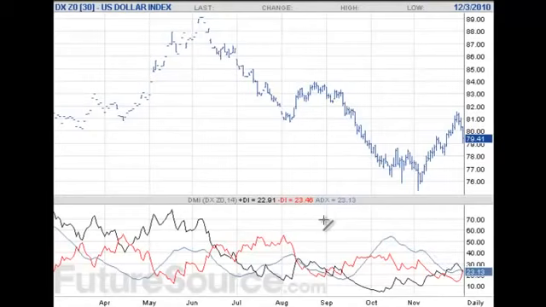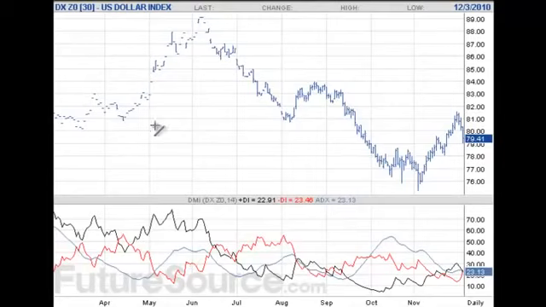Now the trick with the ADX, it's not a hard concept, but it's totally different from a lot of indicators. Since it's a trend following indicator, the ADX will rise in a trend. That trend could be up, that trend could be down, okay?